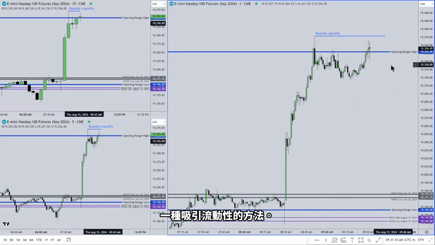Okay, we have a small little gap that we just traded into here. We'll see if that provides a means of engaging the liquidity there.